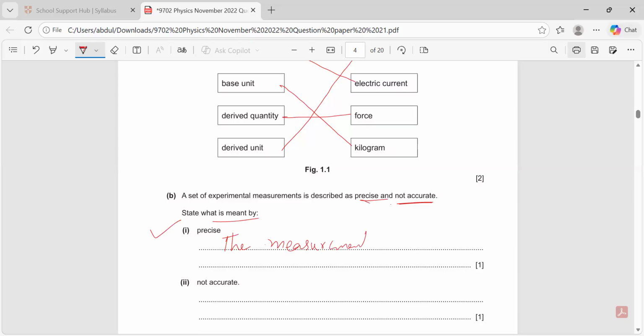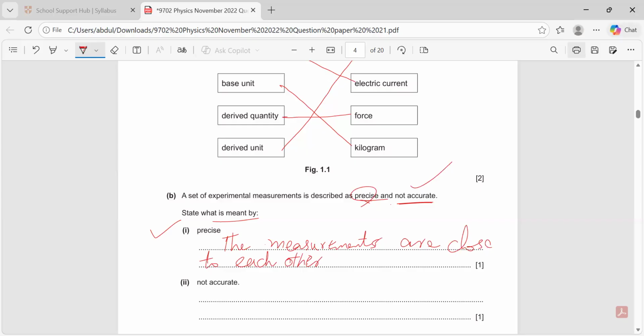The measurements are close to each other. That is precise, close to each other.